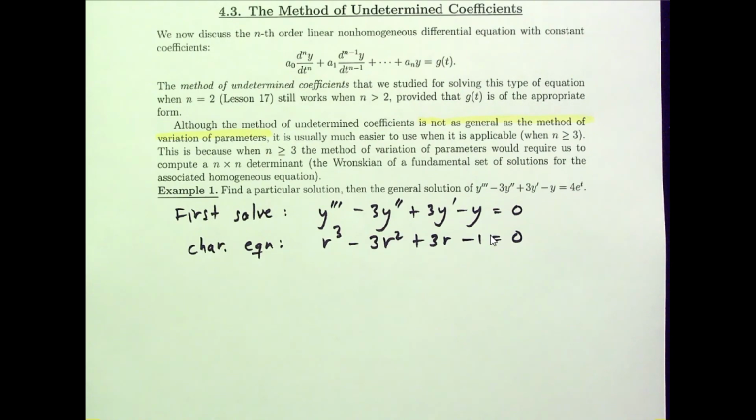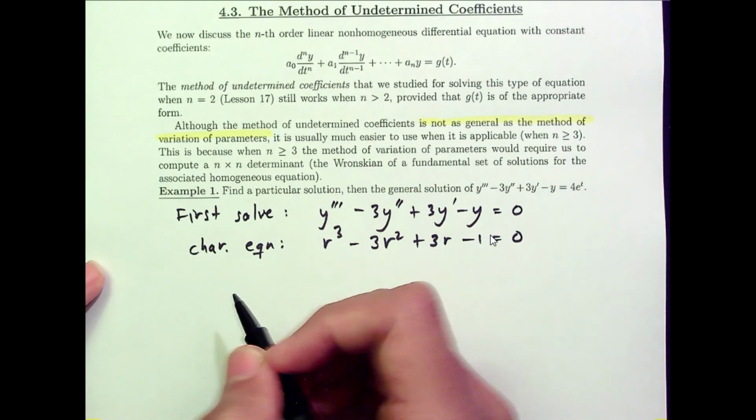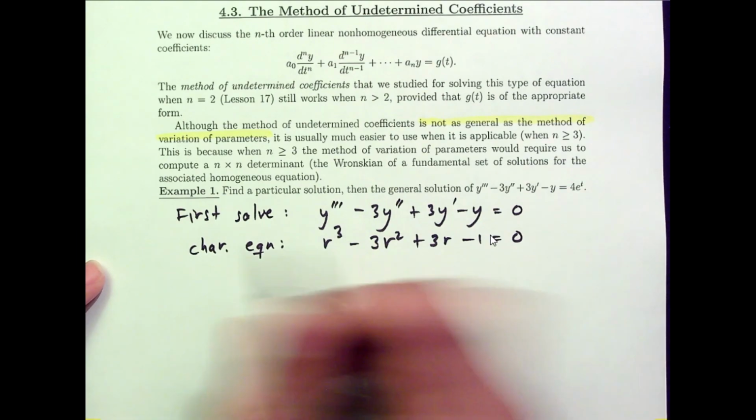There's several ways of factoring this. You can do grouping. Let's do the rational roots theorem.